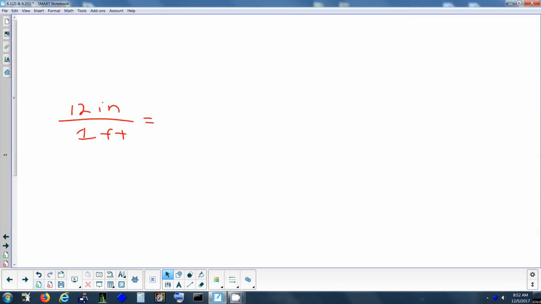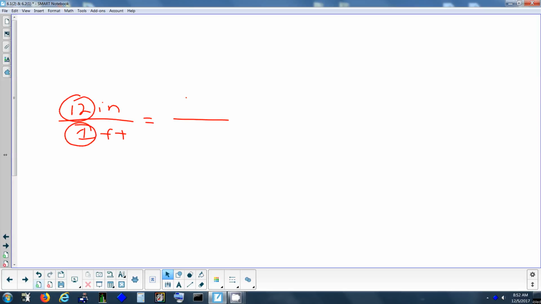Now, because you said the number 12 and you said the number 1, does that limit what numbers you could put on the other side to do the conversion between feet and inches? Like, can you only convert certain numbers from inches to feet or feet to inches? Because you gave me specific numbers here.